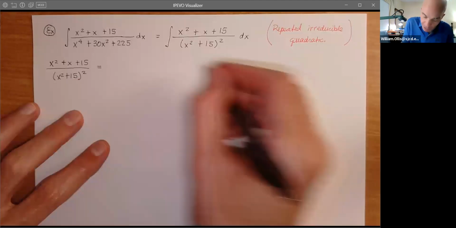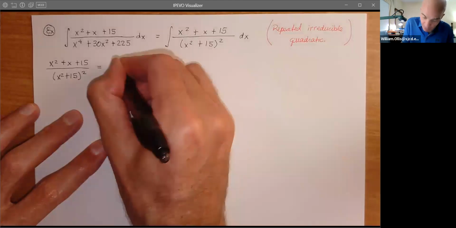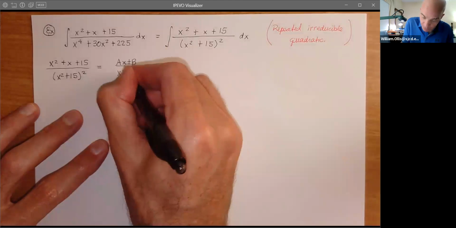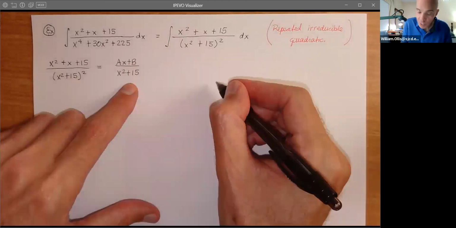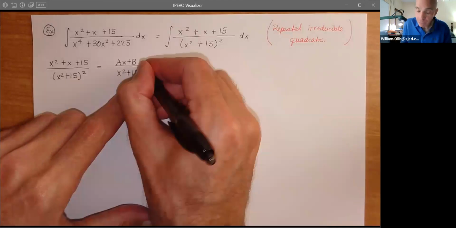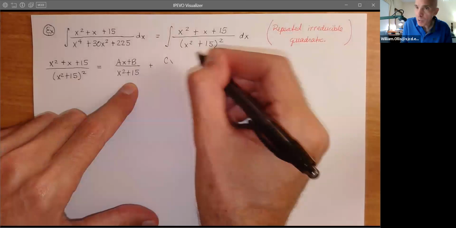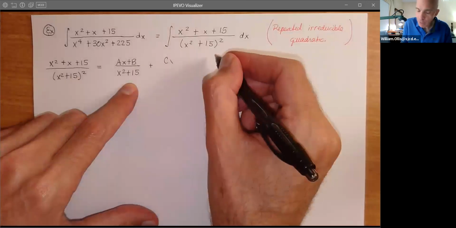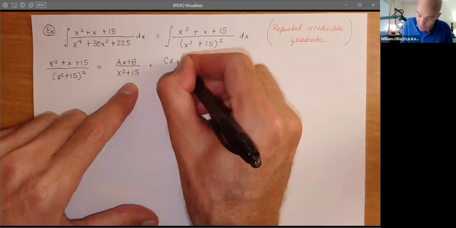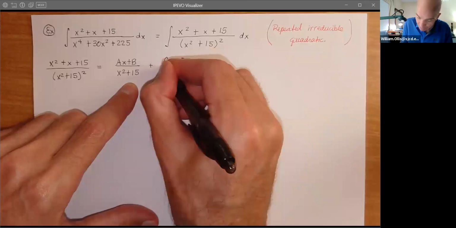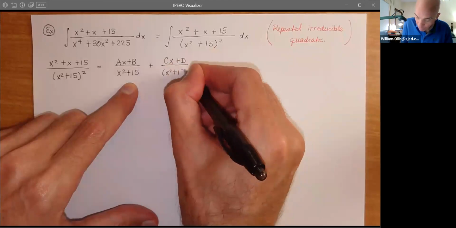So we have ax plus b divided by x squared plus 15. Remember the rules that I showed you. You see these in your lecture notes on Blackboard. Plus, then we could do A1, A2, A3, A4, but we use different letters because they're easy to see. cx plus d, and then we have x squared plus 15 quantity squared.